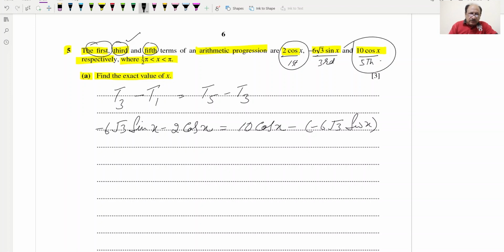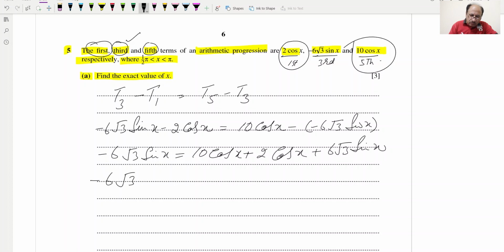Now further we can basically simplify. Okay, so first we'll open this bracket and we will rewrite 6 under root 3 sine x minus 2 cos x. 2 cos x we can shift to other side, so it will be 10 cos x plus 2 cos x, and minus into minus will be plus 6 under root 3 sine x, and this one we can shift to the other side, so it will be minus 6 under root 3 sine x is equal to 12 cos x.